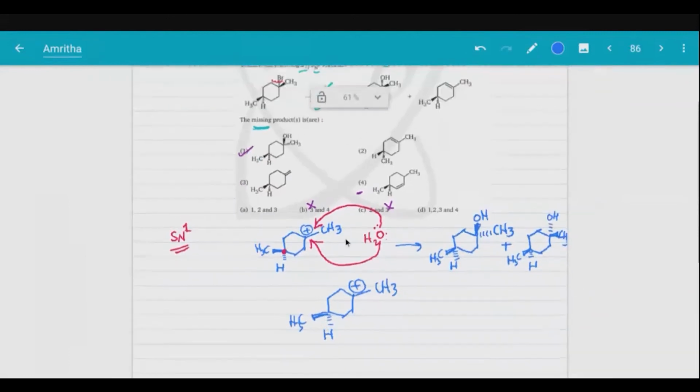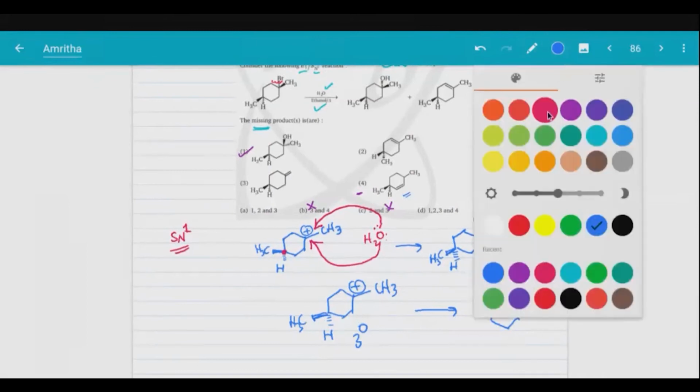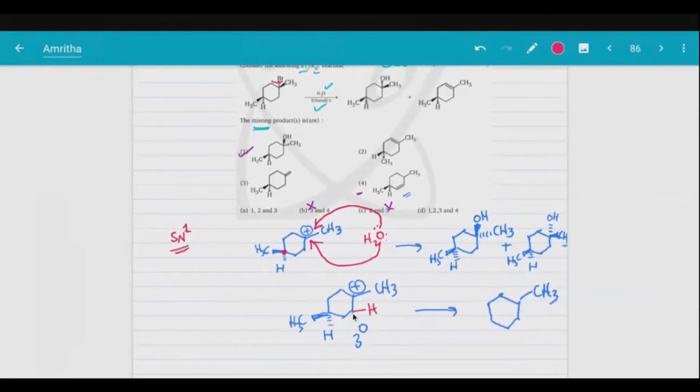Now, whether this product is possible or not, that is the question. This is tertiary. Will it undergo rearrangement again to get this secondary? Tertiary to secondary, is it possible? So I'll shift one of the hydrogens. Let me shift this red color hydrogen. There are 2 hydrogens basically, one of which I shifted.